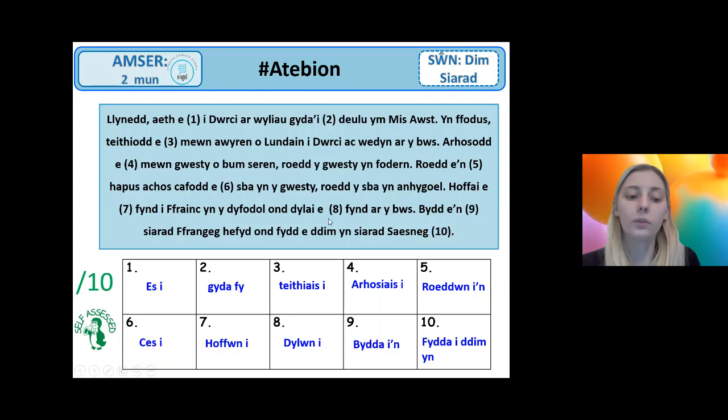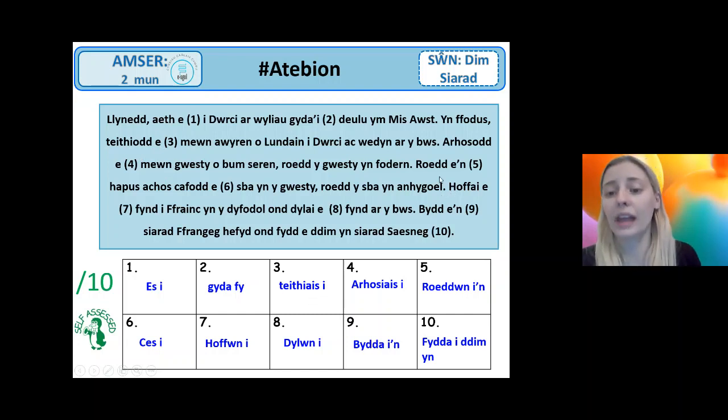One other thing to watch out for is apostrophe n, okay? If you think in the past tense, there is no n in the past tense after phrases. So we would just say teithiodd e there, and there's no apostrophe n. So that would mean there is no apostrophe n in the answer, teithiais i.